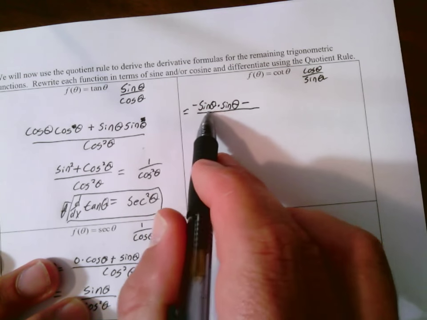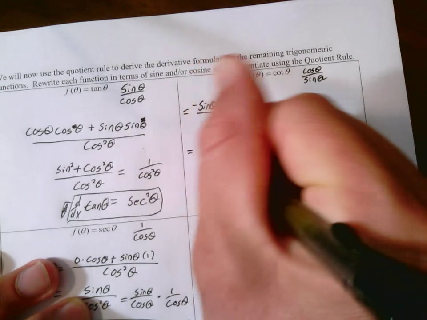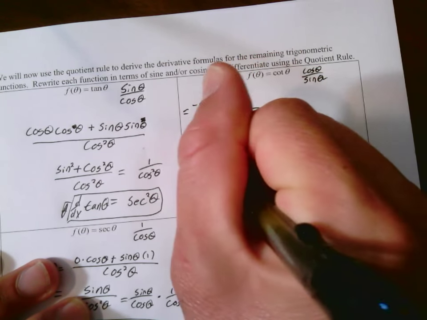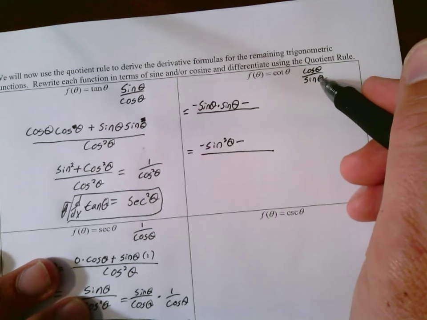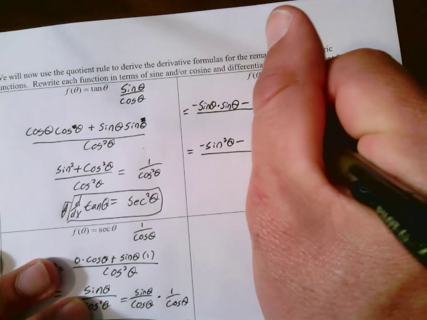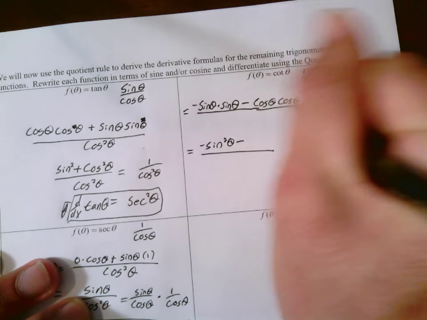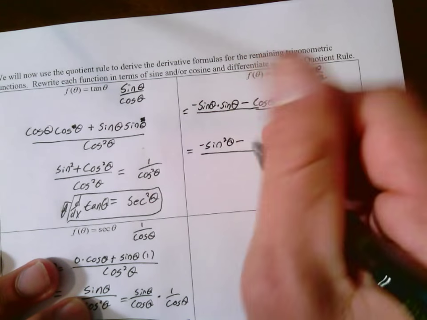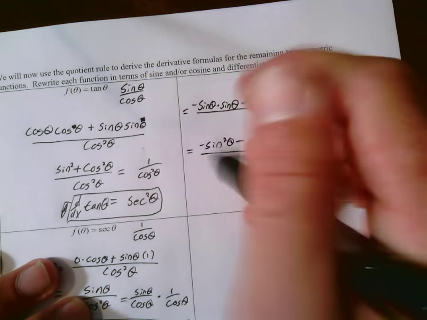We have cosine squared right there. Negative sine squared theta. Derivative of sine is cosine times the numerator. What's this? Cosine squared theta. All of that over sine squared theta.